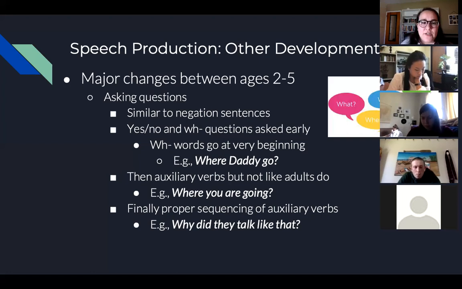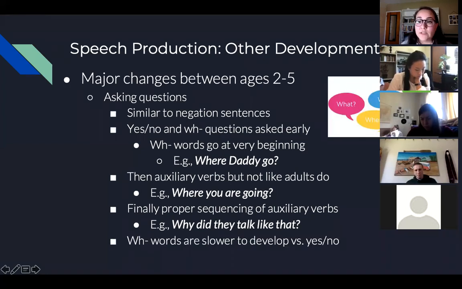And as you can imagine, the WH questions are slower to develop than yes/no questions. And this makes sense because asking yes or no based questions is really straightforward. Whereas asking questions with these WH words often involves this inversion, this switching around of the auxiliary verbs, like we see in where you are going.